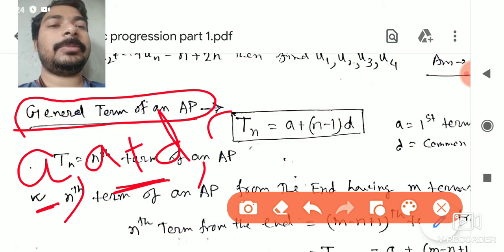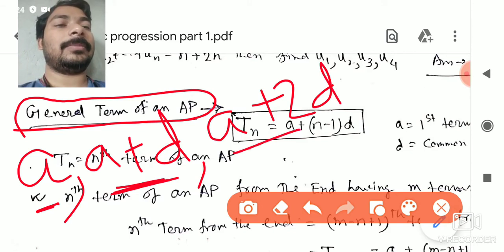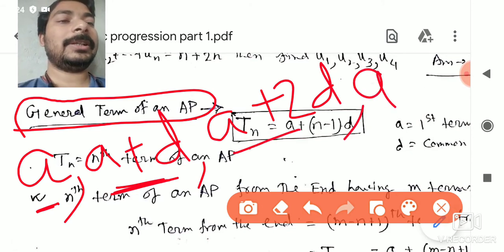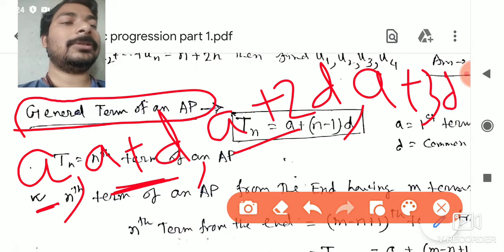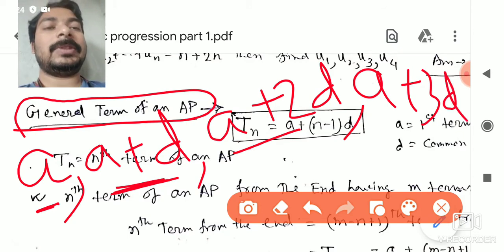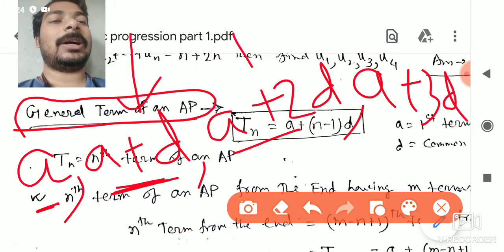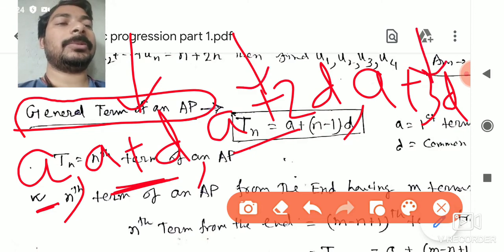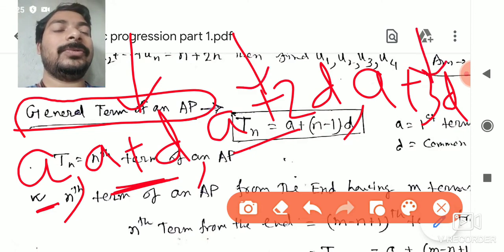Then the next term will be a plus d, and again I have to add d, that is a plus 2d. Look, it is the third term. Then the fourth term will be a plus 3d, and so on. In the second term you have only d, in the third term 2d, in the fourth term 3d. In this way, in the 10th term you get 9d, in the 12th term you get 11d.